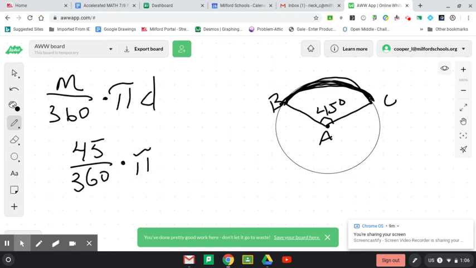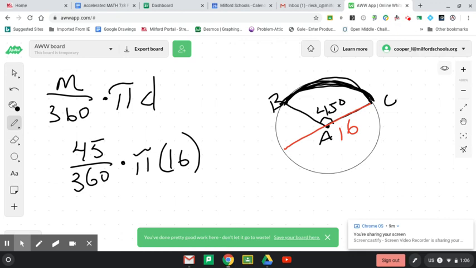And then we also have to know the diameter. So let's say the diameter of this is 16, times the diameter of 16. And again, if we only knew the radius, the diameter is 2 times the radius, and we could use that information as well.